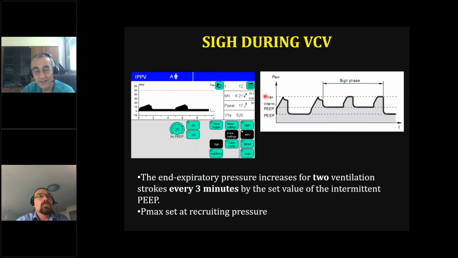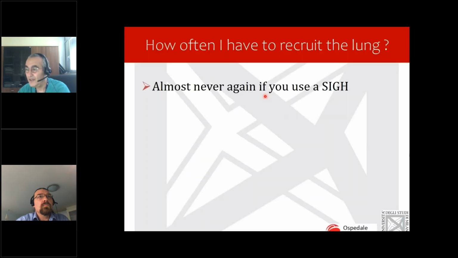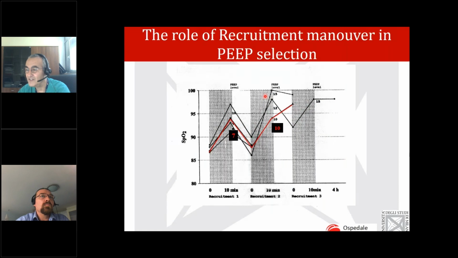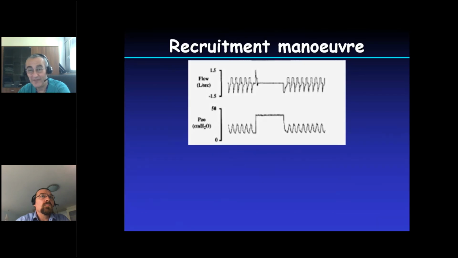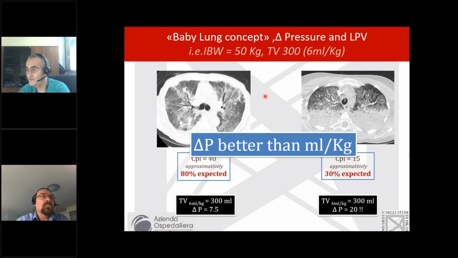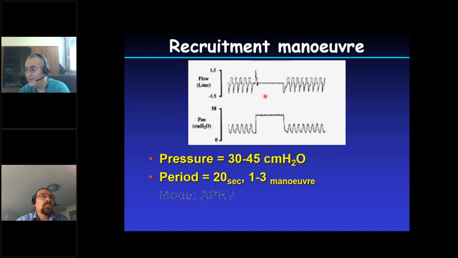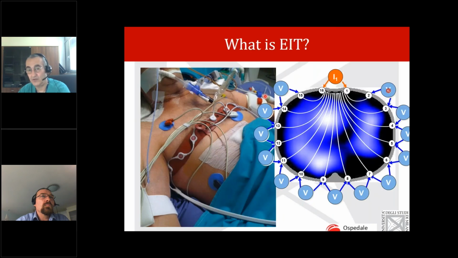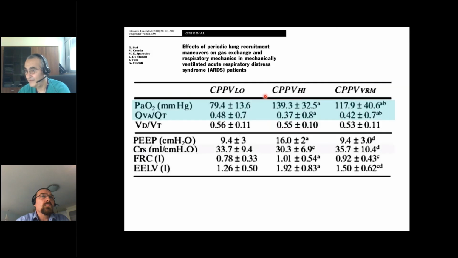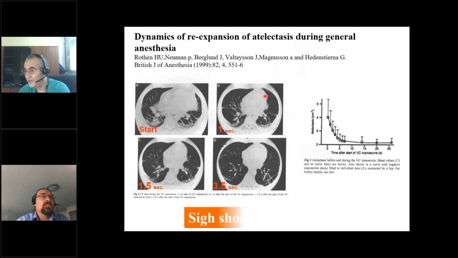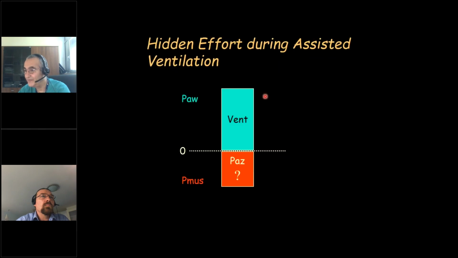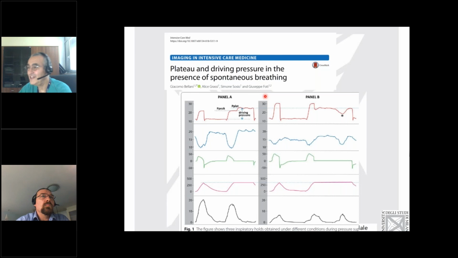Instead, I really do suggest you to go home and try to push the end inspiratory button. You will see that it is not so difficult. In more than 80% of the cases, you will find a plateau pressure. You see?